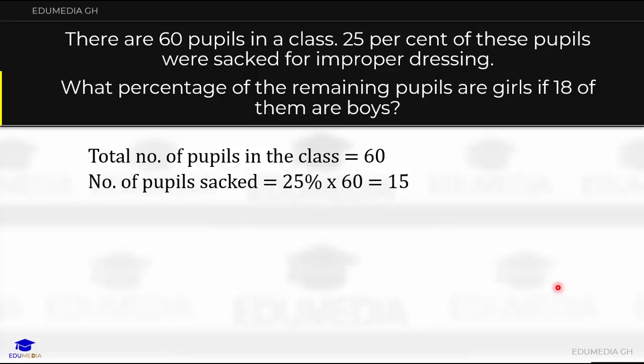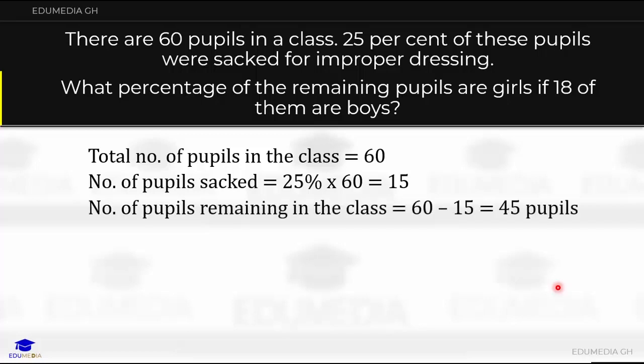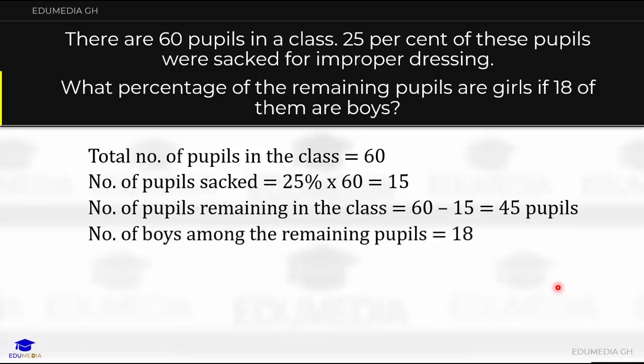Now it's easy for us to get the number of remaining pupils in the class. Number of pupils remaining in the class, we have 60 pupils minus 15. That's 15 were those who were sacked. And the answer is 45 pupils. The question also gave us a clue that the number of boys that are left, in the remaining number, is 18.